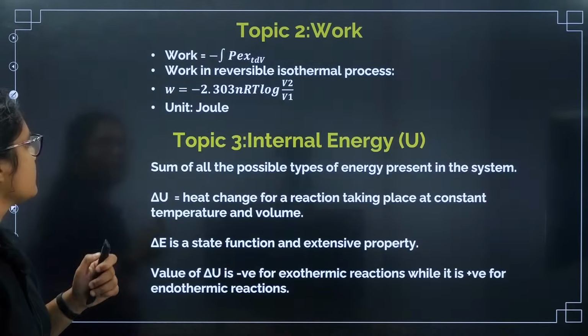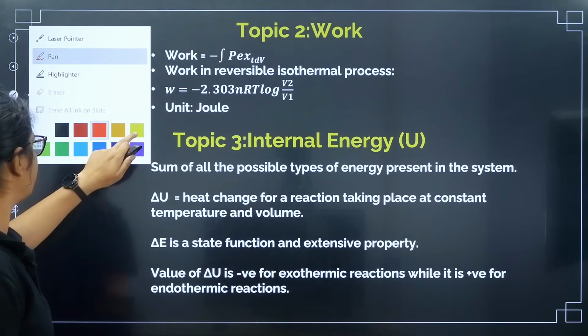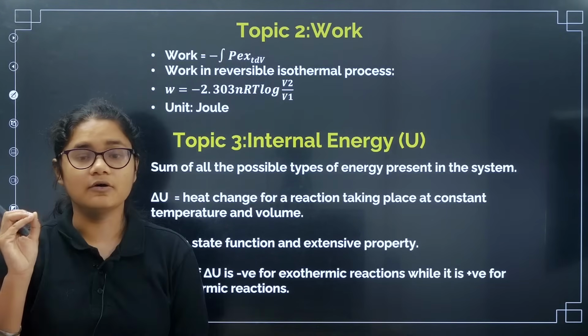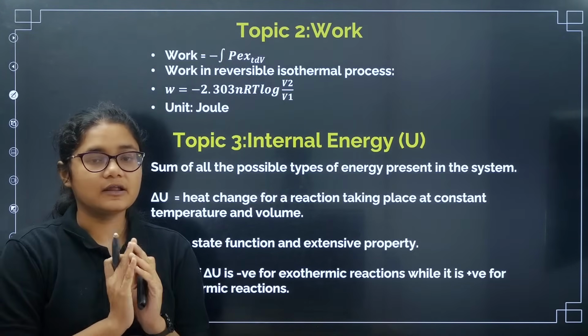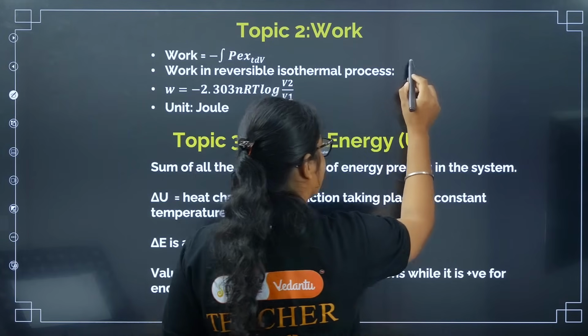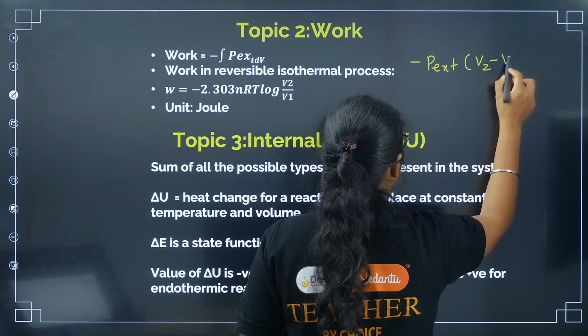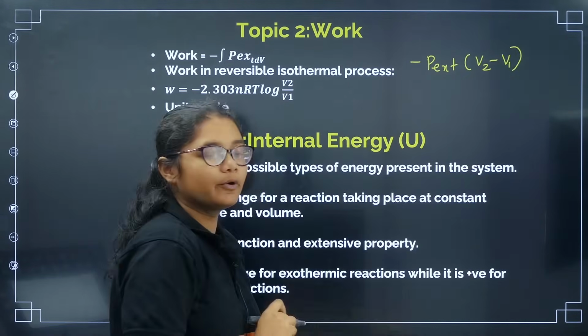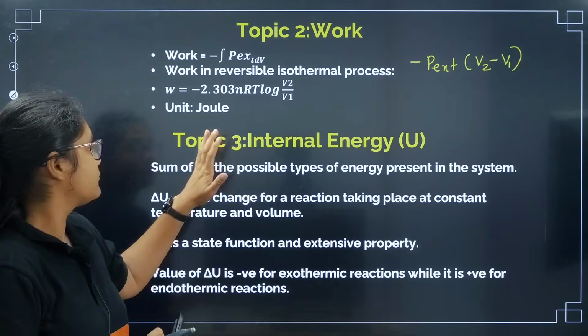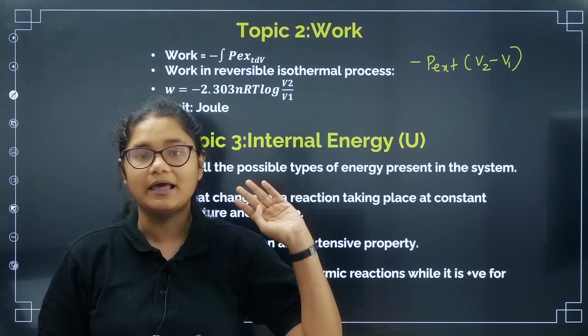Okay, fine. Now we will go to our first formula, that is work done. Okay, work done, the general formula is minus P external (V2 minus V1). Now what happens if the process is isothermal and reversible?